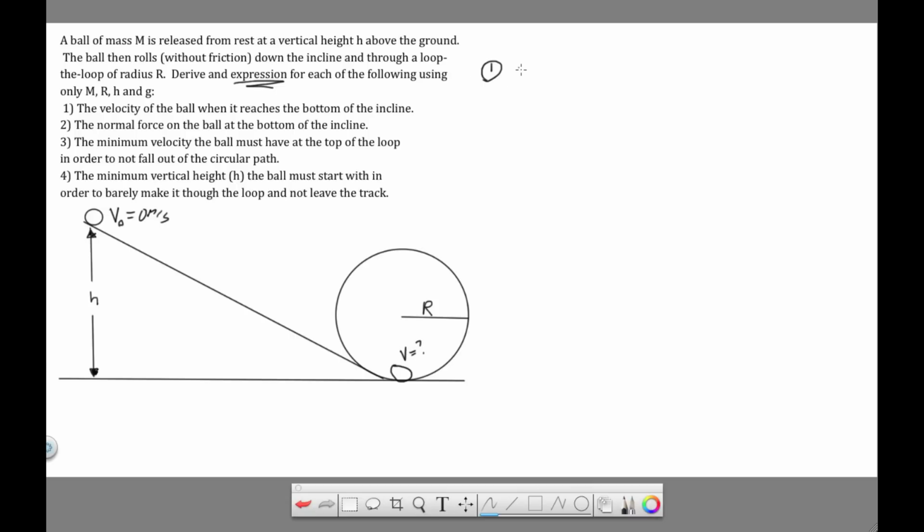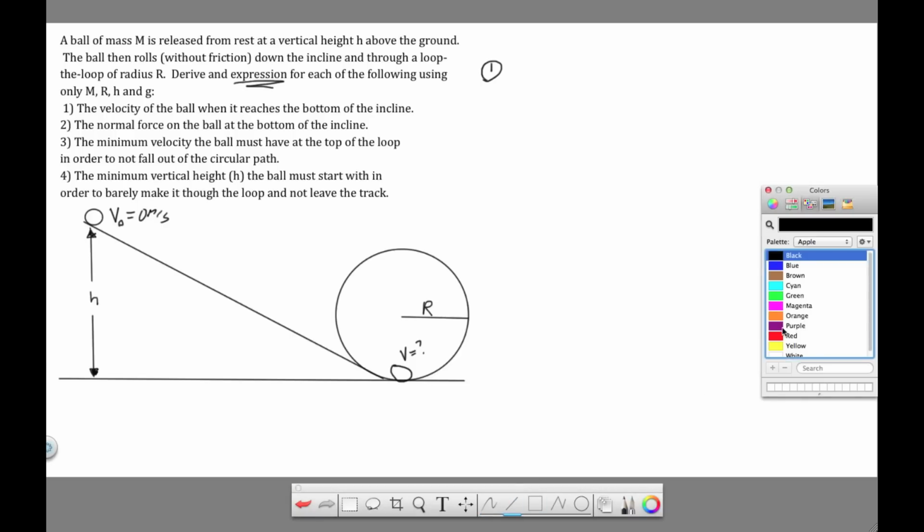So this is conservation of energy. Whenever you do conservation of energy, you need to have a 0 point. So we'll put in the 0 point in red. This bottom here is going to be our 0 point. That's the lowest point in the problem, the best place to put the 0 point.